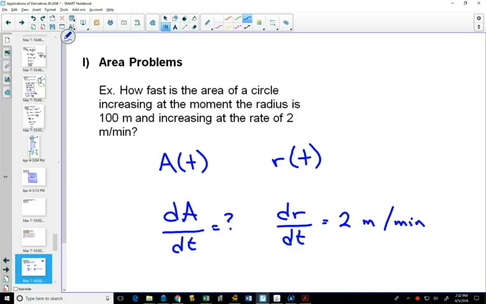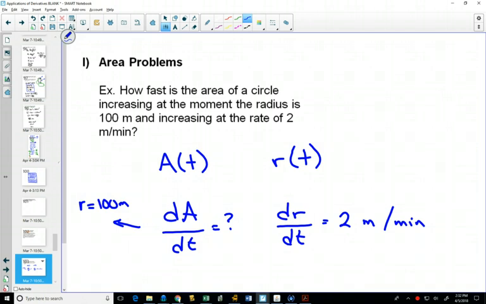And we want to find the area's rate of change with respect to time at a specific moment, when the radius is 100 meters. This is just the background information, and this is important background information.